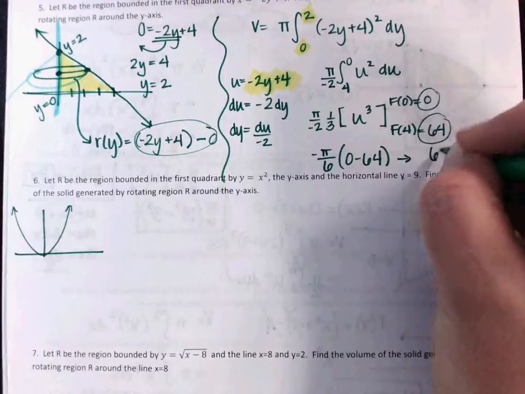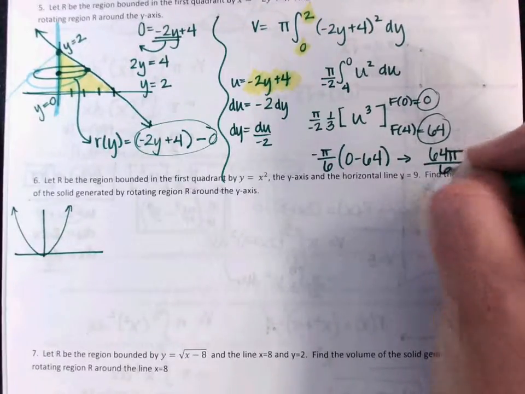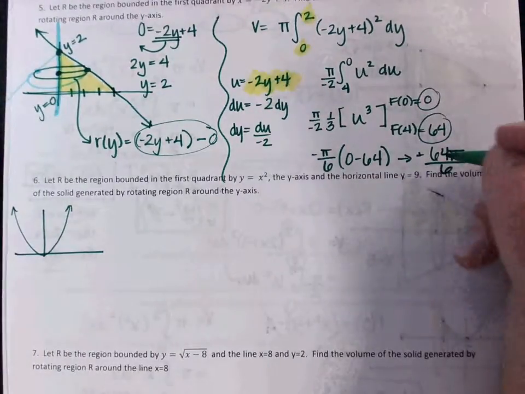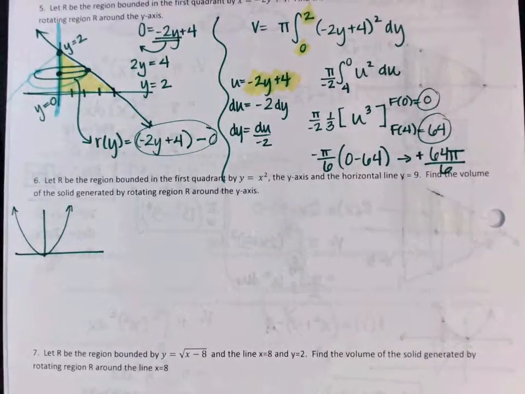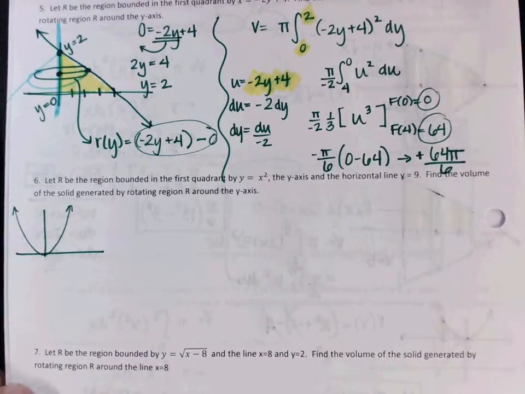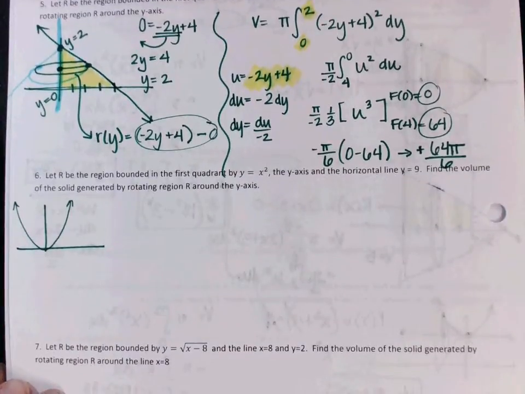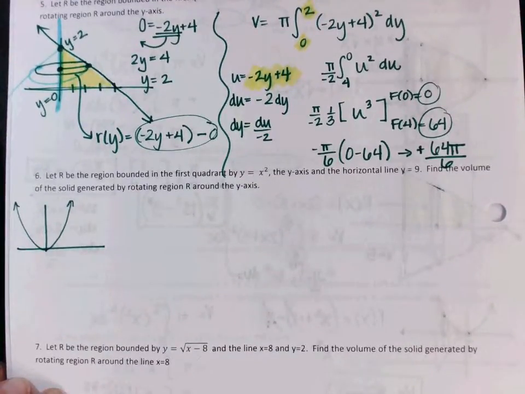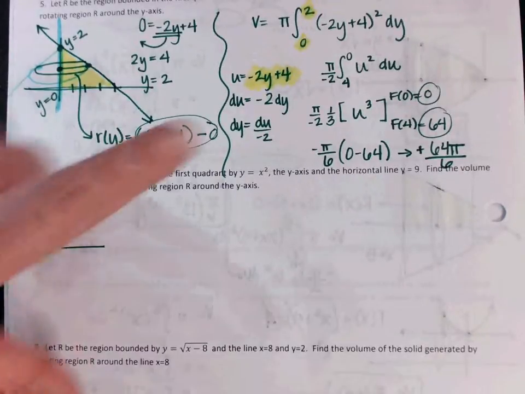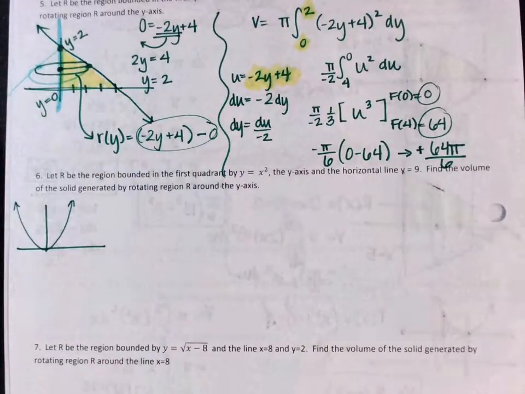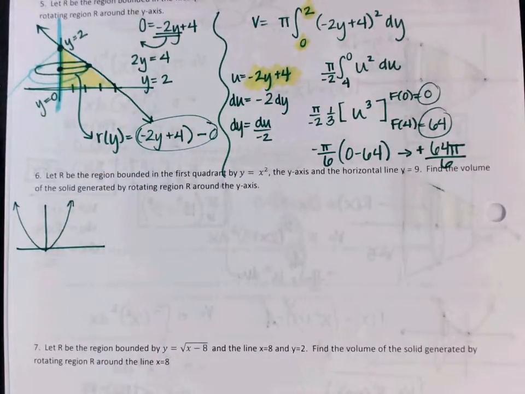So it would be 64 pi over 6, but it does come out to be positive because the u sub just kind of fixes itself. Okay? Yes? So if that negative is in front, you would have... No, you never have to fix it. Because if the negative hadn't been in front, these wouldn't have come out to be negative. So it all relates to itself, to where if you fix it, you'll get the same answer as if you'd left it the same.